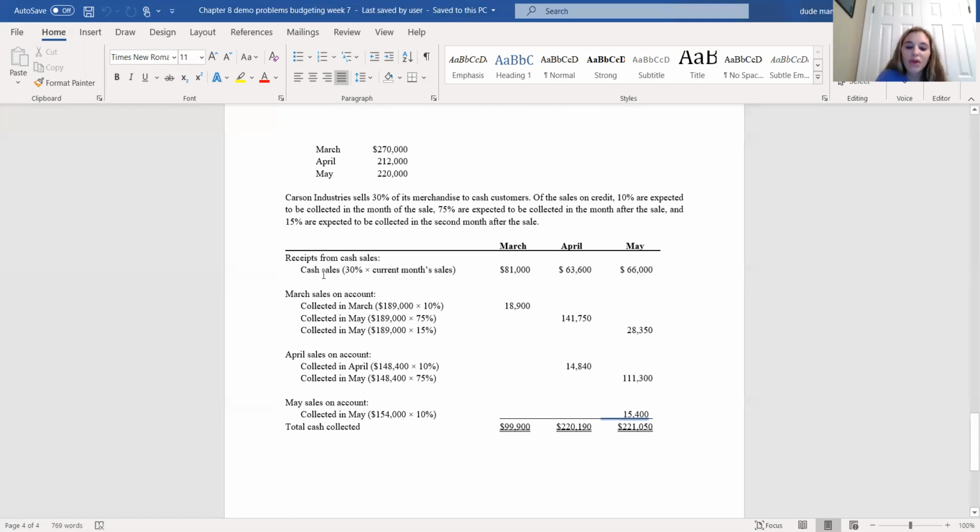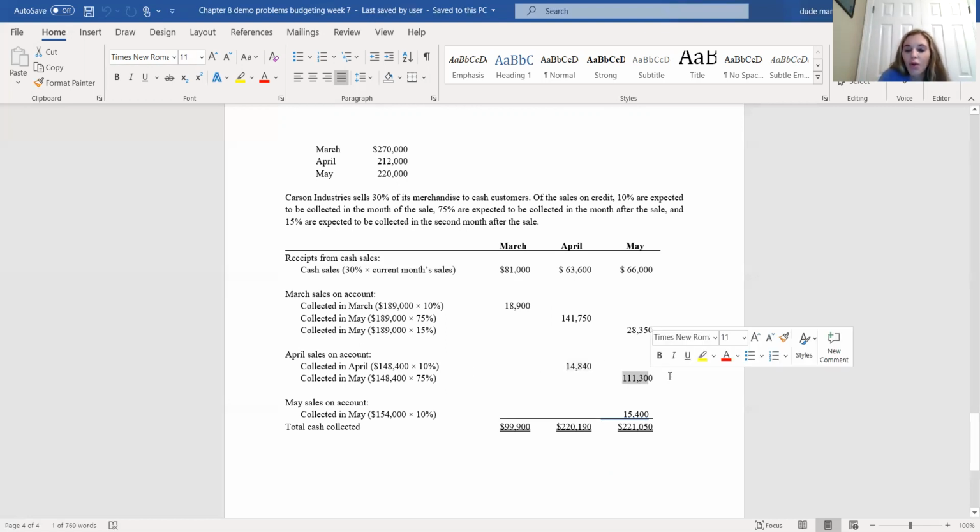Now, we would do the same thing for April sales and also the May sales. For April, this is the collected amount, the credit amount. So we've already backed out the 63.6 of our cash sales from the April totals of 212 to give us a 148,400. So 10% in the month of sale, which is April, 75% in the month of May.